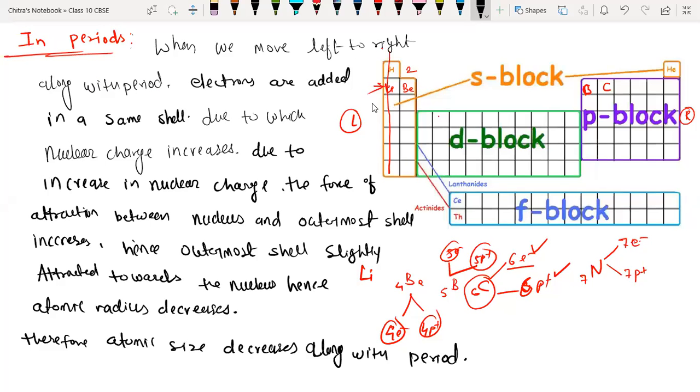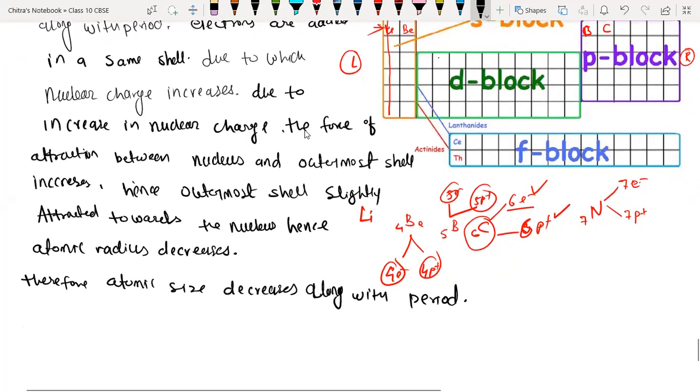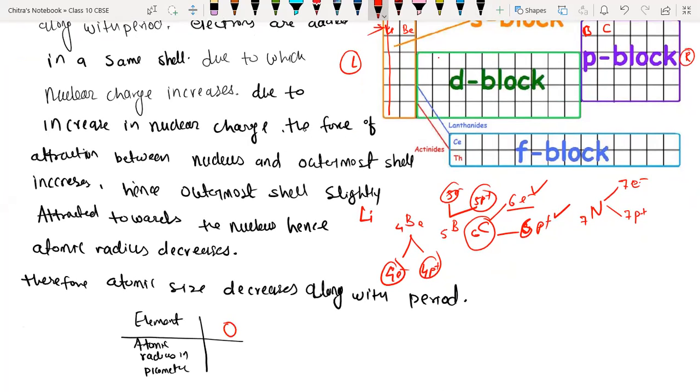So I'm going to write an example for a few elements of the same period. I'm writing here element, and here atomic radius in picometer. First I'm writing for oxygen; its atomic radius is 66 picometer.